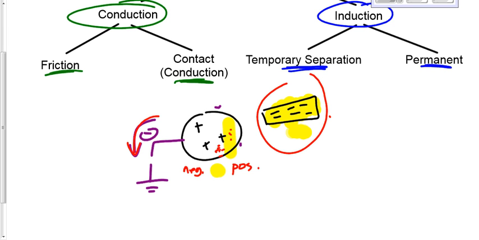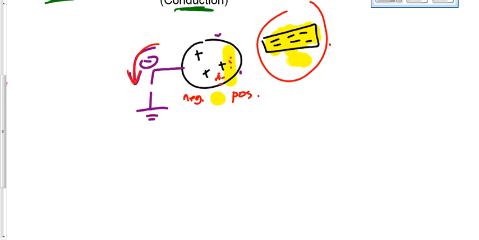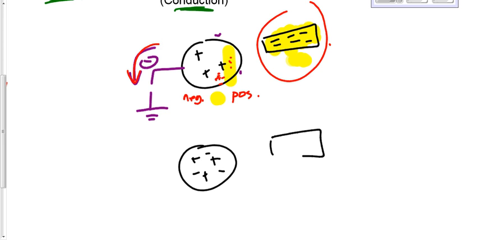Yeah? I'm just curious. So if you have a neutral object that becomes negative, what about the other situation where we have a neutral object when we bring a positive object nearby? What happens to the protons now? They don't go anywhere. They stay where they are. What happens to the negatives?